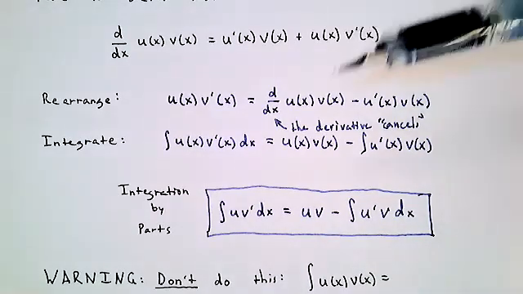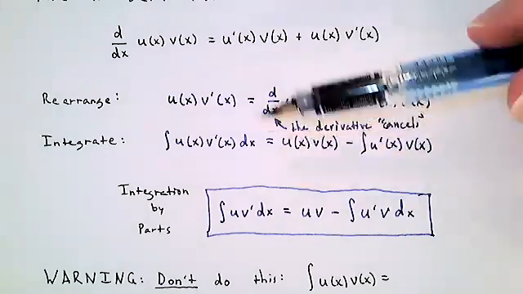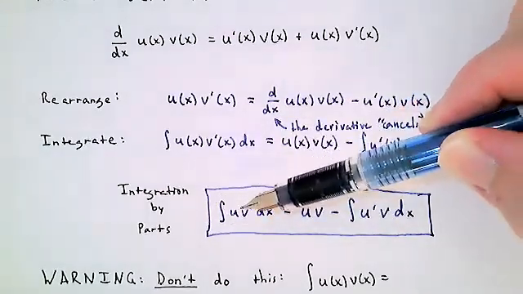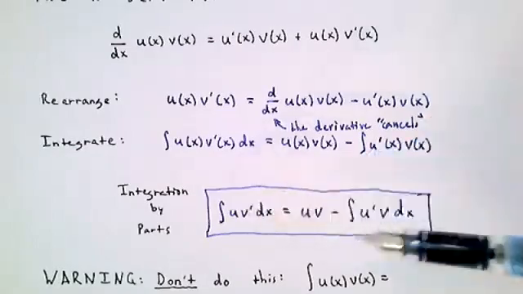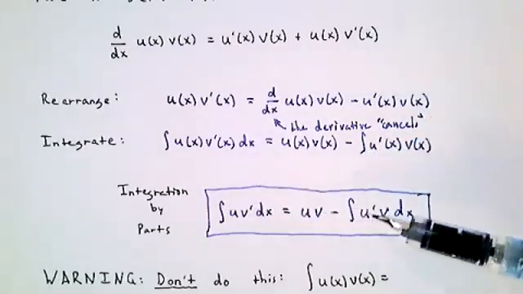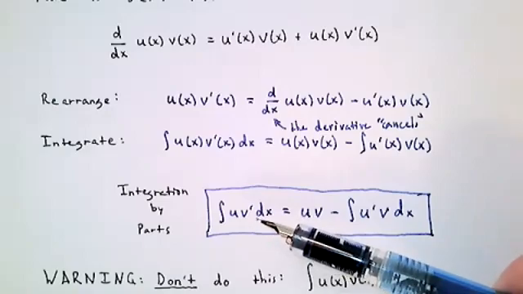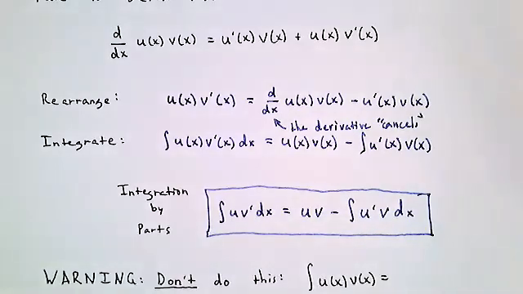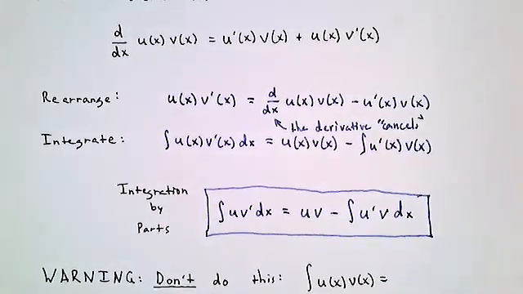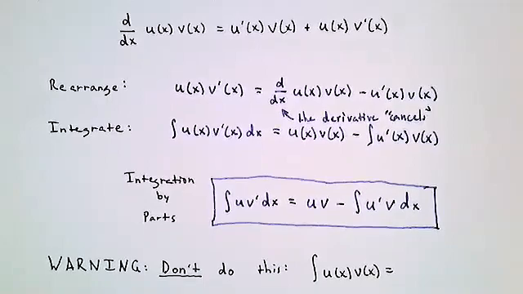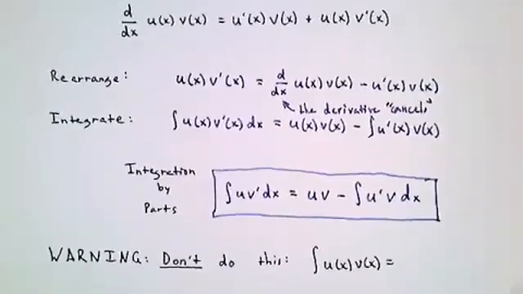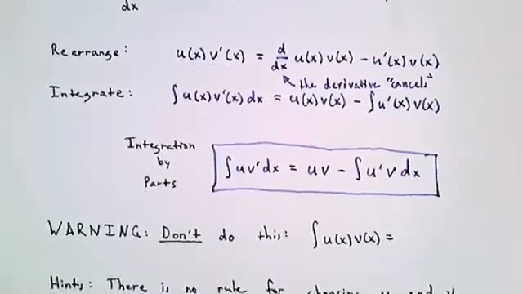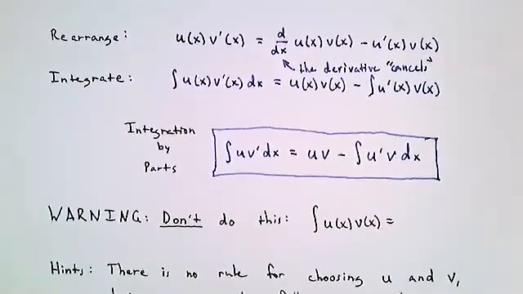So you're probably wondering how, starting here, with two functions multiplied together, ending up with this right-hand side, which looks more complicated than what we started with, is helpful. And I think you're right to question the wisdom of this, and we'll see how that works in the examples on the next page.